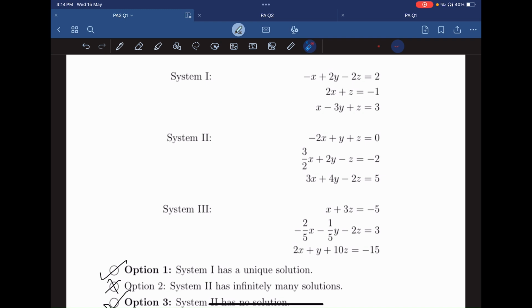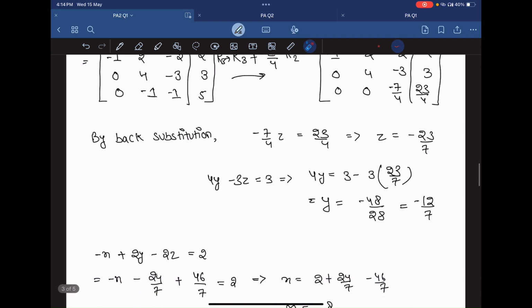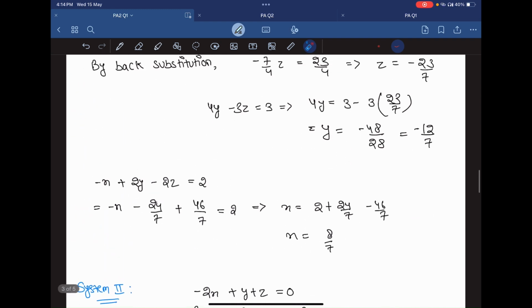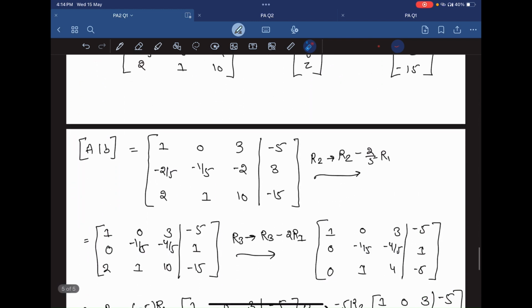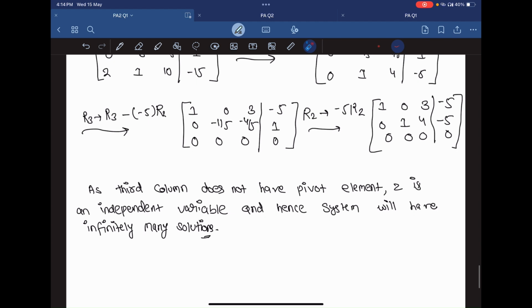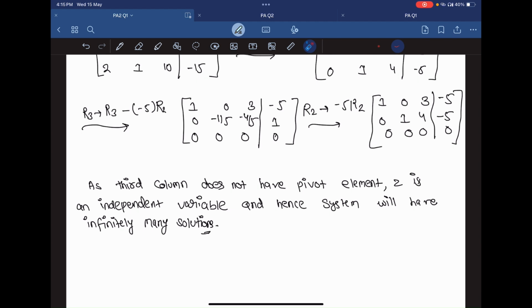If at any point in the row reduction we get a condition like this, where on the side of the A matrix it is a zero row, while on the side of the B matrix in the same row it is a non-zero entry, then the system will have no solution. While if we get an independent variable, then it will have infinitely many solutions.